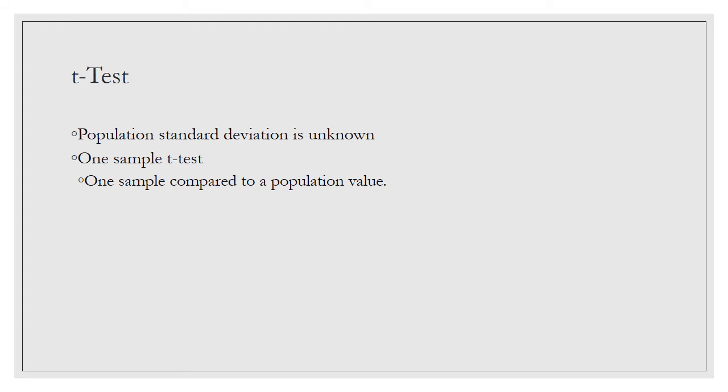I might gather a sample from my university, give them an IQ test, and think they're going to be above the average of 100. So I could gather them as one sample and compare them to that population value. In a one-sample t-test, we don't know the true standard deviation, so we use the sample standard deviation.